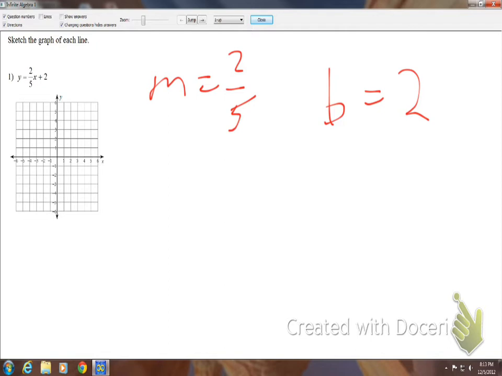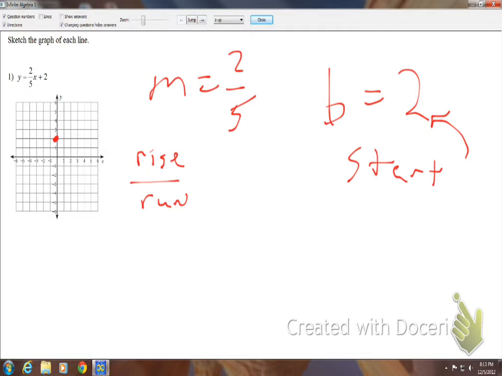So we want to start on the y-axis with our value for b. We're going to plot a point right there at 2 on the y-axis. And then we're going to use our slope. We remember for slope, it's always the rise over the run.